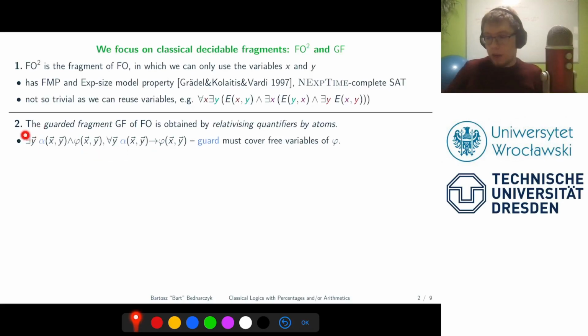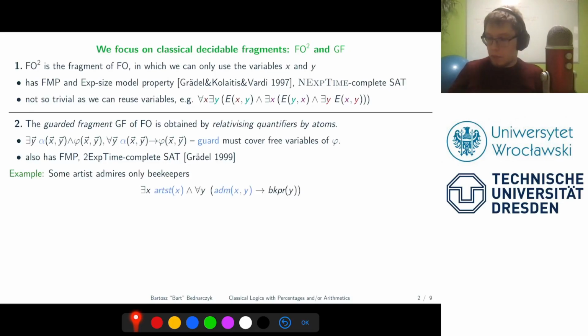Whenever I quantify with an existential quantifier, I must first guard all the three variables from phi, and whenever I quantify with a universal quantifier, I must also guard all the three variables from phi. And this logic is also known to have the finite model property, and the satisfiability problem is known to be doubly exponential time complete.